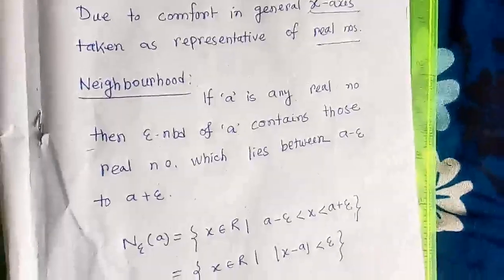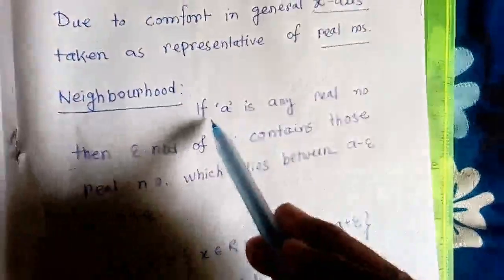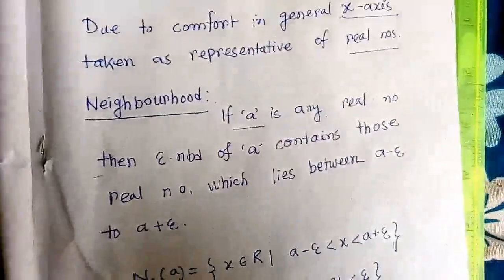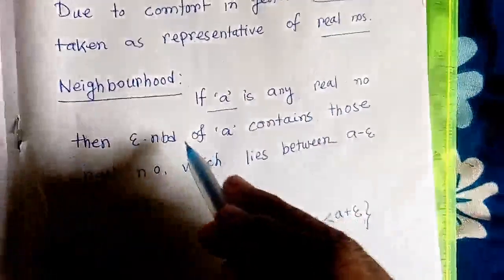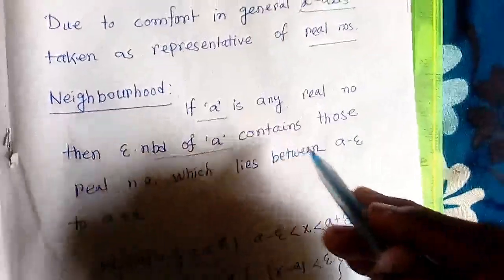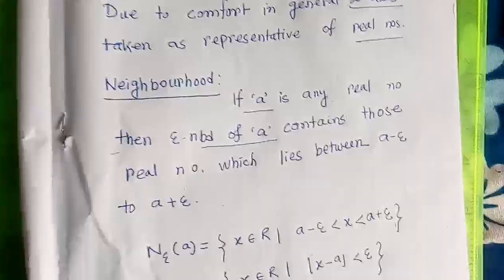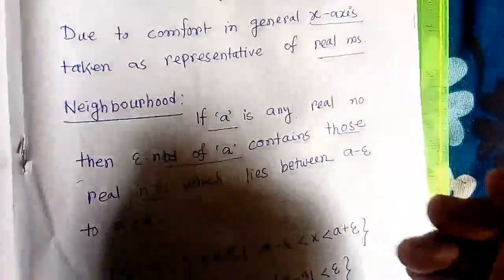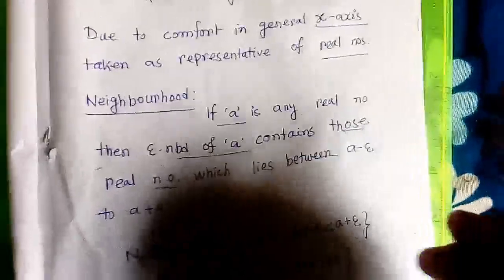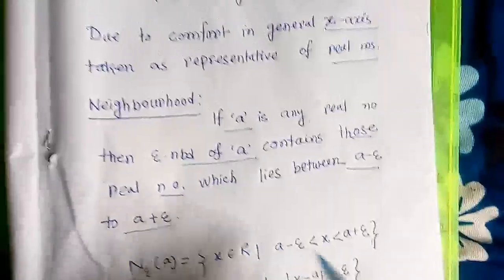If A is any real number, then the epsilon neighborhood of A contains the real numbers which lie between A minus epsilon and A plus epsilon.